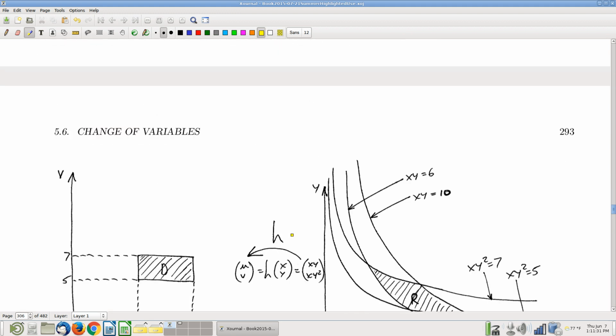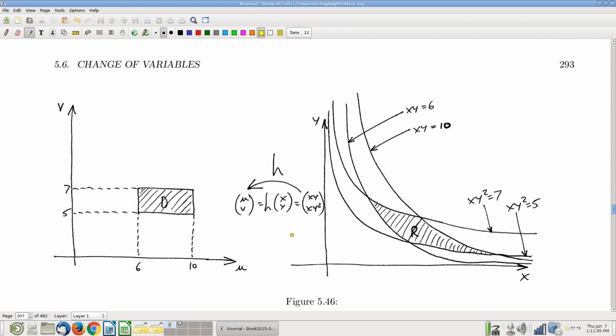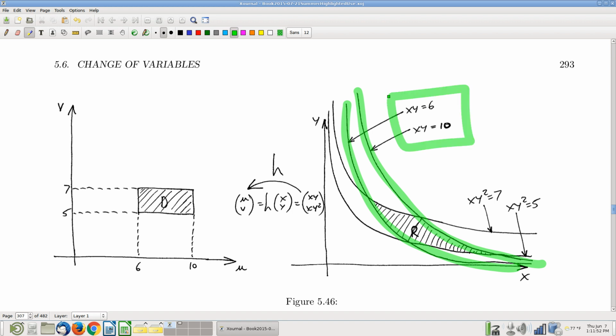Okay. Hey, one more example I'm going to show you before we go on to a different thing. This is a strange one, but this is a surprisingly common scenario to come up. So imagine that you have a region that's defined by these two curves and these two curves.